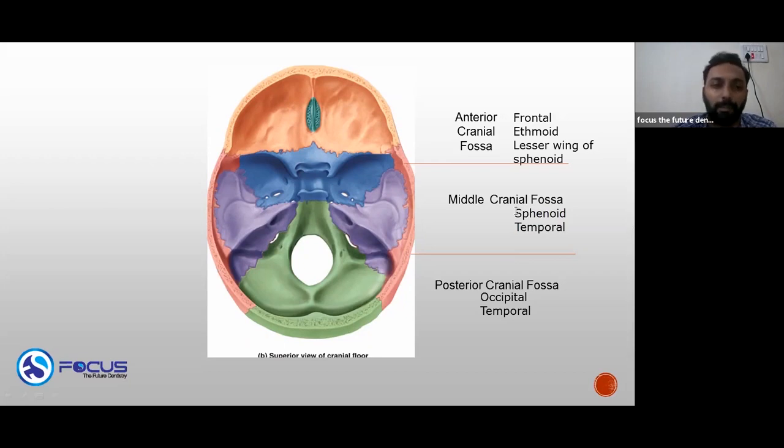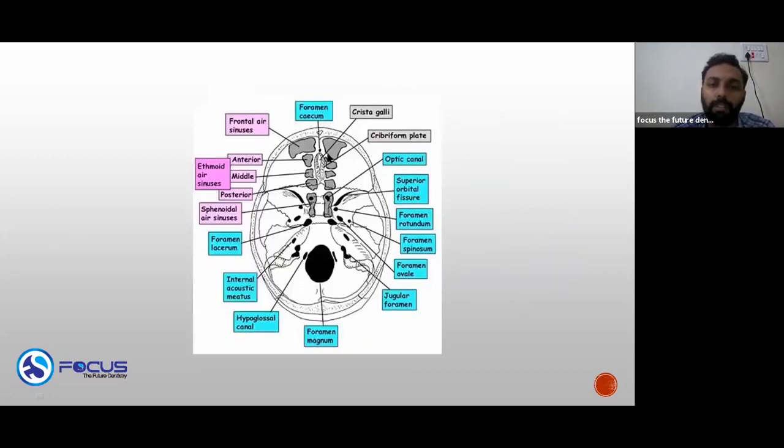So any question which comes by name saying middle cranial fossa, fracture of middle cranial fossa or something, you should be able to imagine this particular picture. There are lots of structures there. This is a picture where all the structures have been marked. So let's study this. How to study this, we'll see in the next slides.